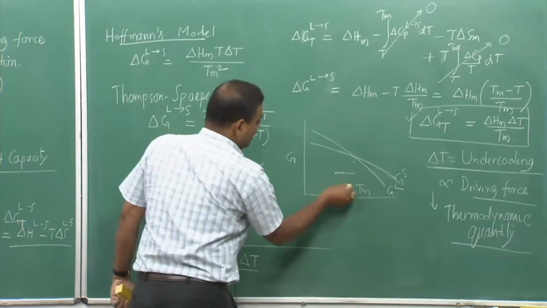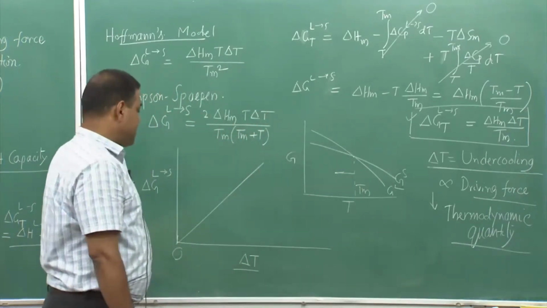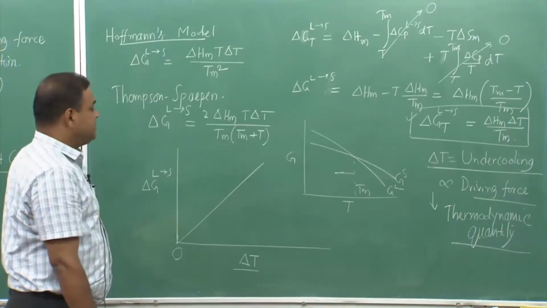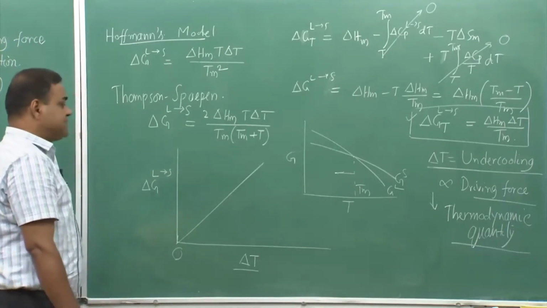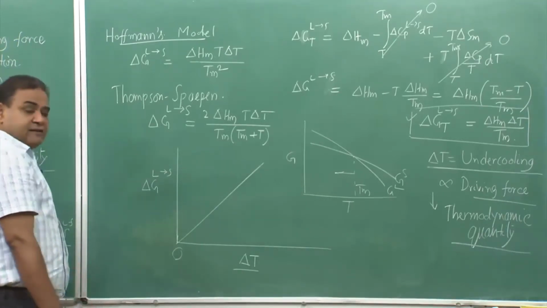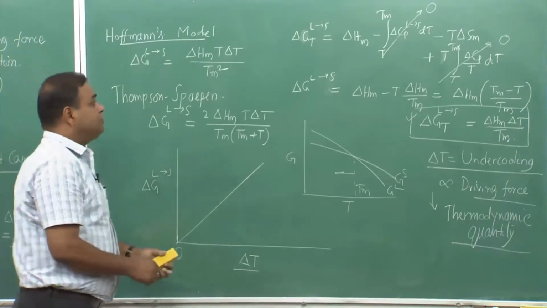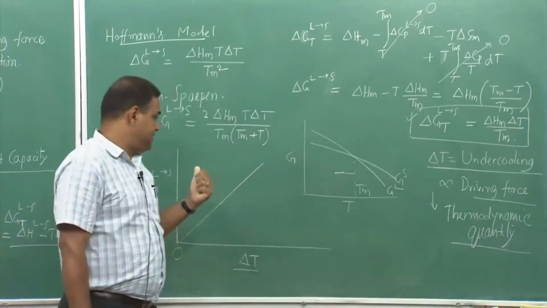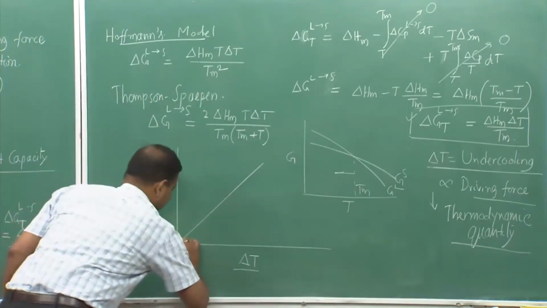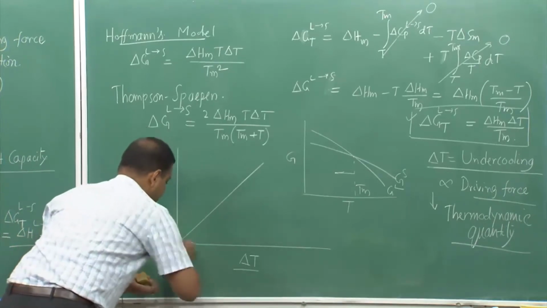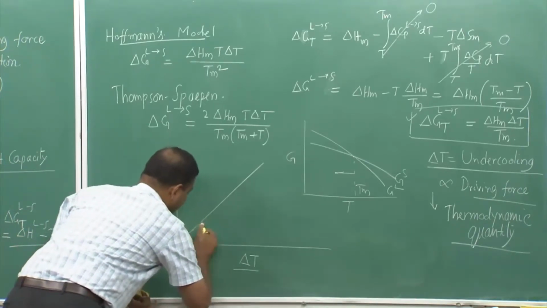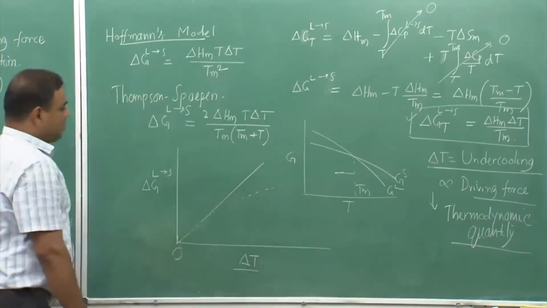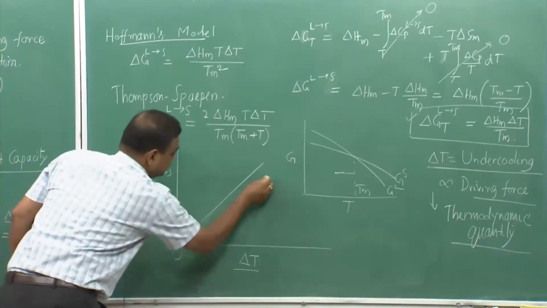As we go to lower and lower temperature below Tm, I have an increment in del T. At the same time, if I try to find the experimental variation of del G, if I could find the Cp of liquid as a function of undercooling, I would get a plot like this. If I try to plot it, the plot would be, let us say, something like this.